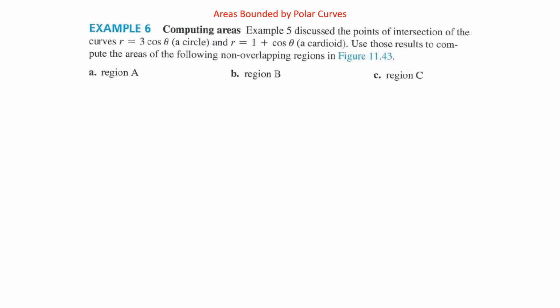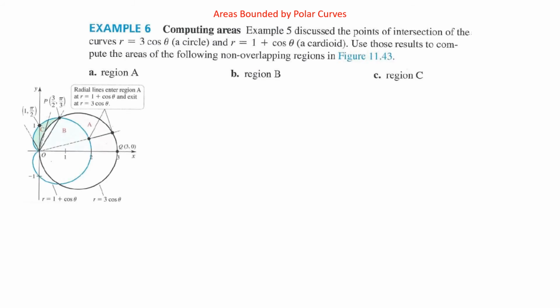Region B, we're going to look at it pretty much the same. Region B is going to be this region right in there. So that one, we don't even need to worry about the circle. That's just going to be the cardioid.